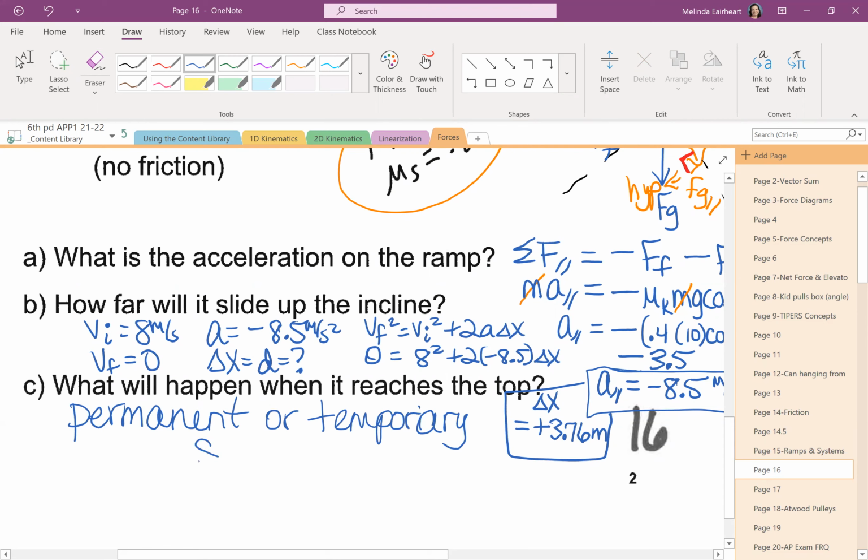Temporary stop. And so how are we going to figure this out? If it's a permanent stop, what's going to be true? That kinetic friction goes away. Stopped objects, stationary objects, have what kind of friction?